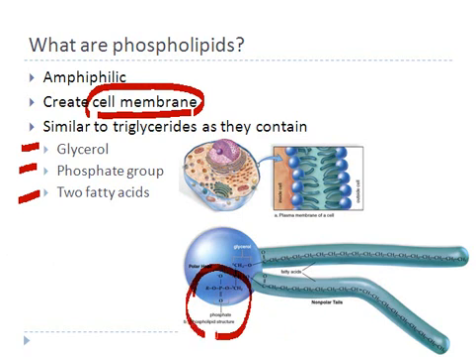In the triglycerides, we had 3 fatty acids. Now these are present in the plasma membrane, and they have a slight hydrophilic nature. Hydrophilic means that they are water loving, especially the phosphate end. The reason for having phospholipids in the plasma membrane is to help transport substances in and out of the cell.